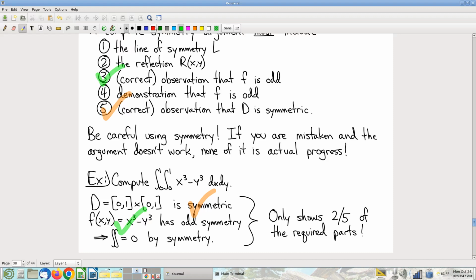But missing is what the line of symmetry is, what the reflection is, and the actual demonstration that the function actually is odd. And that's significant algebra and has to be shown. So this student gets 2 out of the 5 required parts. You've got to give me a complete argument. Does that make sense to everybody?